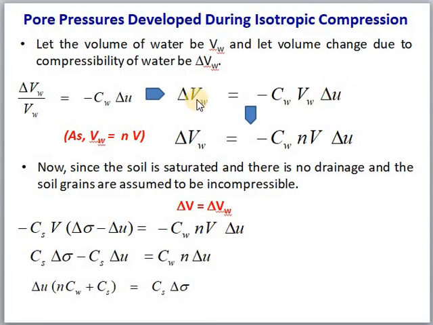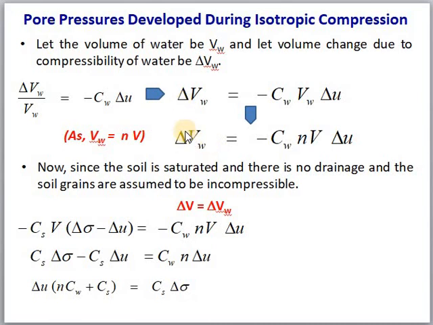Now this being a fully saturated soil, the porosity is the volume of voids by total volume. Here the entire volume of voids is occupied by water, so the porosity is the volume of water by the total volume of soil. So the volume of water you can replace as porosity multiplied by total volume of soil.